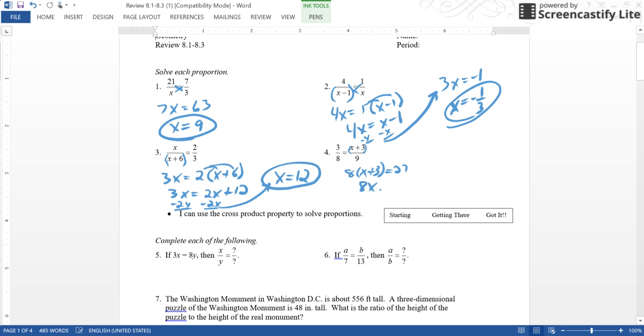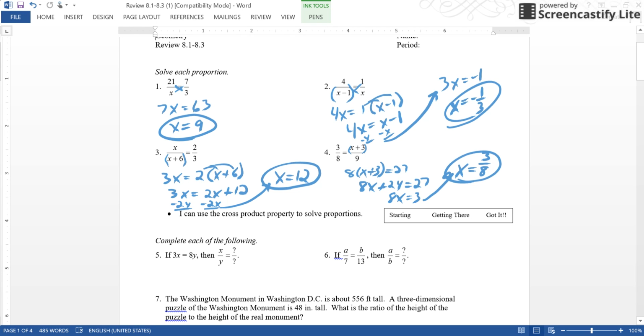So I get 8x plus 24 equals 27. I'm going to subtract that 24. I get 8x equals 3. I'm going to go up here. I'm going to divide by that 8, and I get x equals 3 over 8. Okay? So that's how we use the cross product.